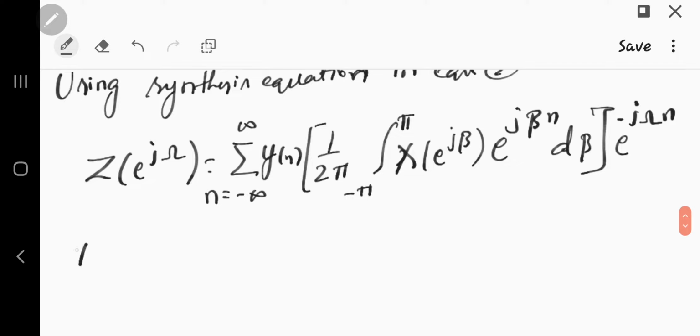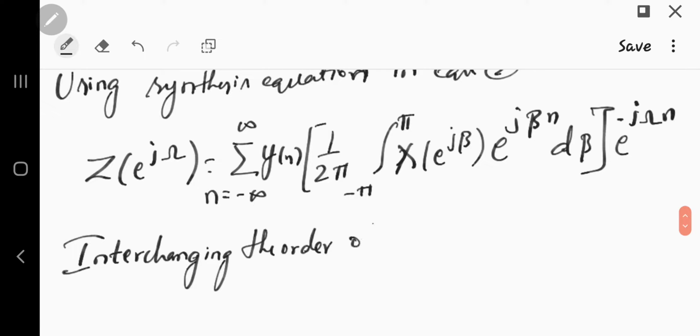Now for convenience, interchanging the order of summation and integration.